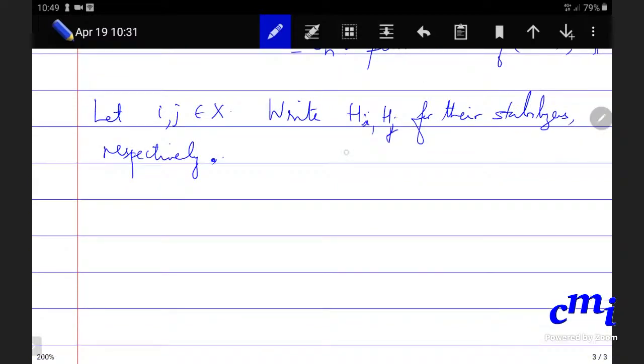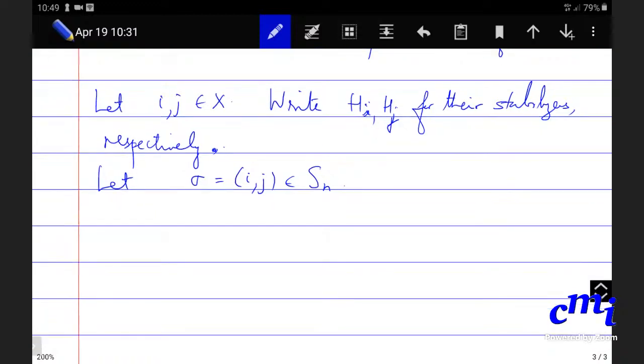Let us look at the relation. Let sigma be the transposition (i j) in Sn. I'm doing this specifically for Sn, which we will prove in a few minutes, but it is a concrete situation.